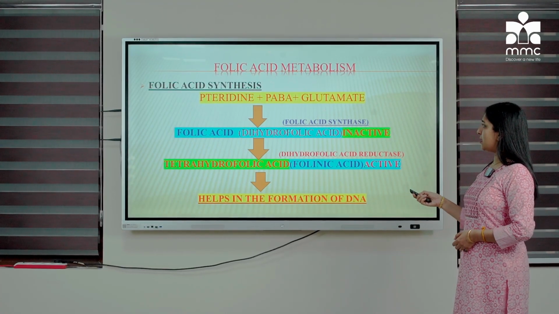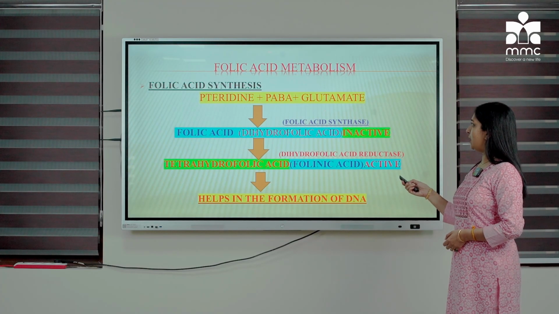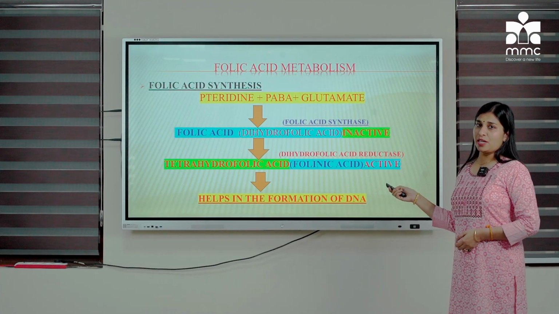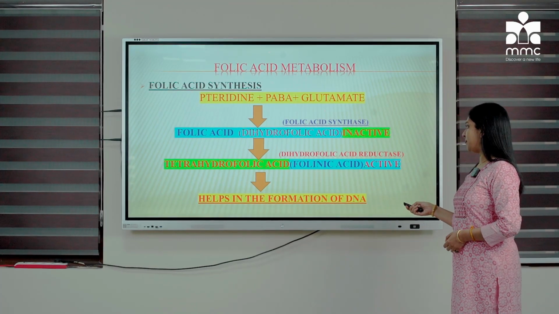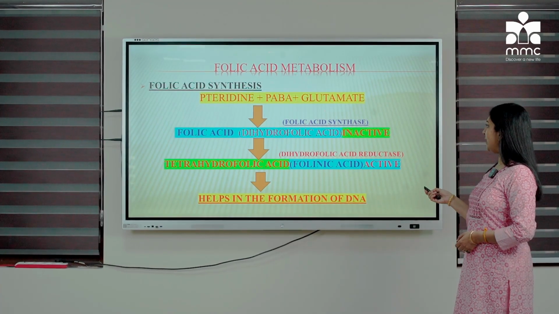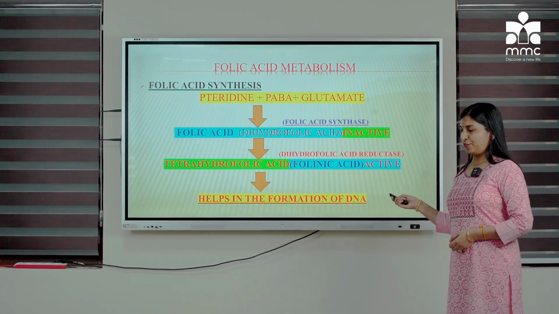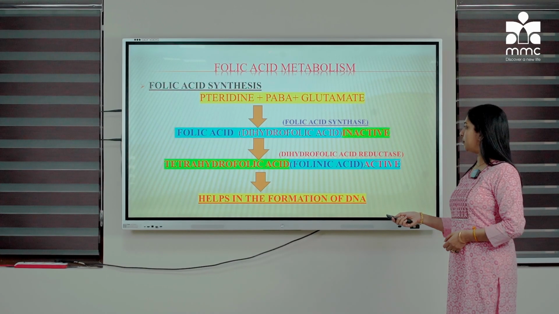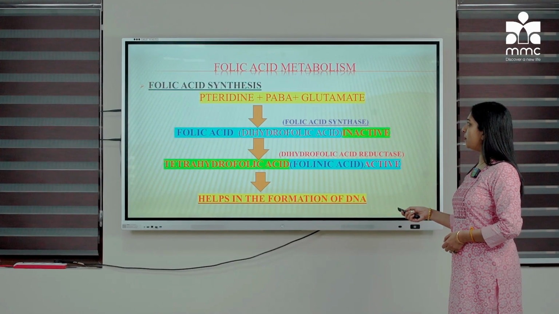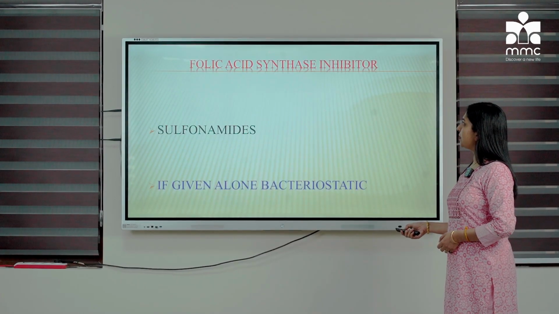From this dihydrofolic acid, it again gets converted into tetrahydrofolic acid, also known as folinic acid, which is the active form. Then it helps in the formation of DNA. So this is normal folic acid synthesis.